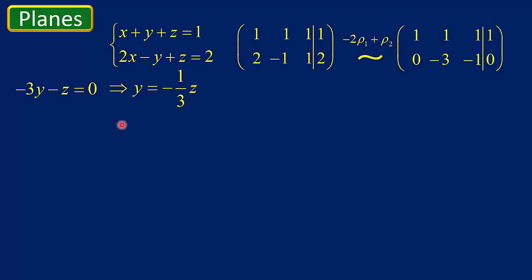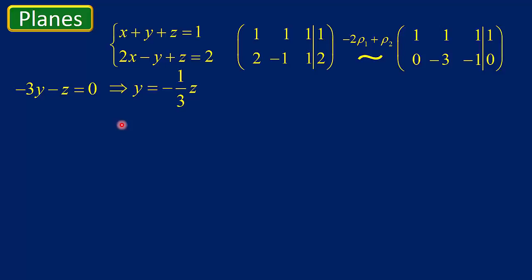Okay, now, here's the game I'm playing. I'm saying, okay, well, z is equal to itself. Z is just z. So I can't find a unique point of intersection. It looks like what happens is these planes intersect in a line. And I'm constructing a solution that's all dependent upon my choice for z.